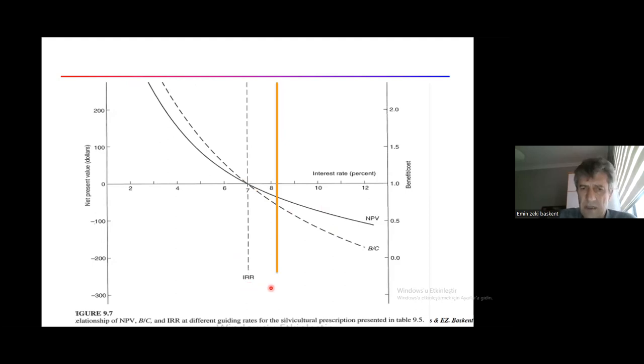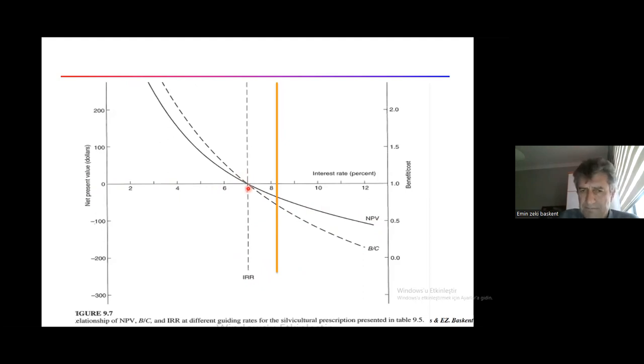So we know that the internal rate of return occurs when the net present value becomes 0. As you can see on the x-axis over here, this is where it shows the 0 value of net present value, where it corresponds with the internal rate of return as 7%.